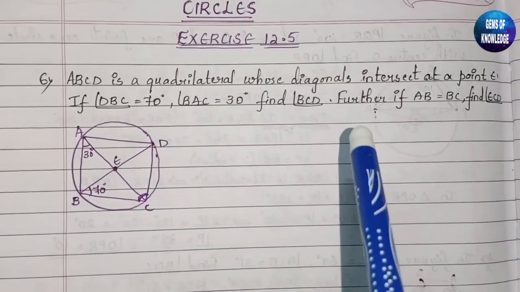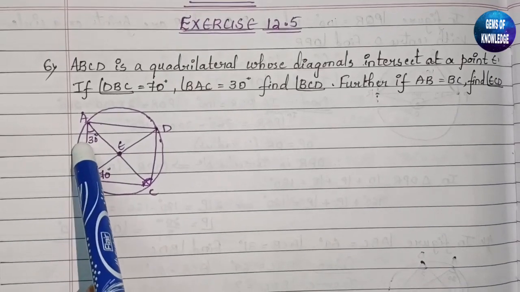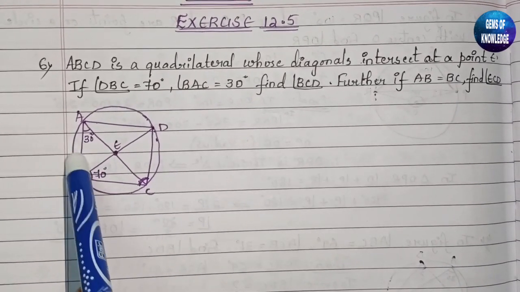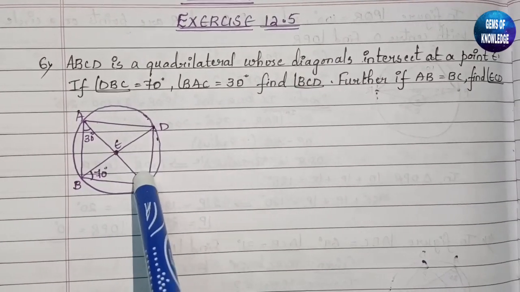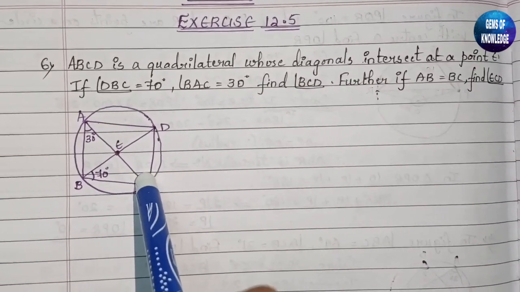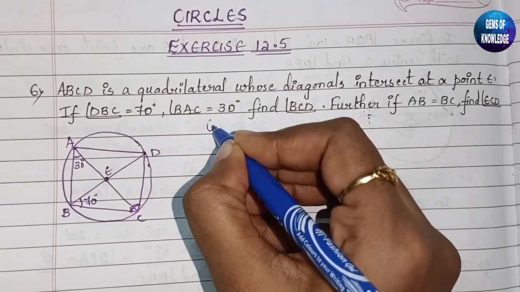In the further case, if AB is equal to BC, that is this side is equal to this side, then we need to find ECD, only this part of the angle. So let us write what is given first.